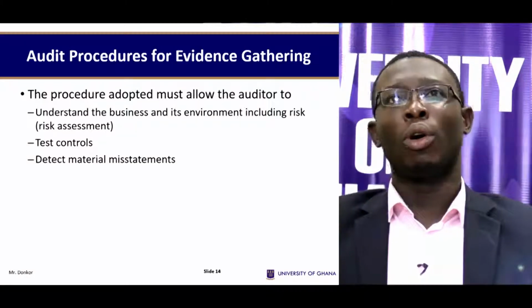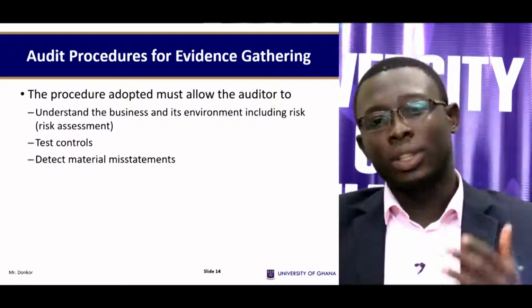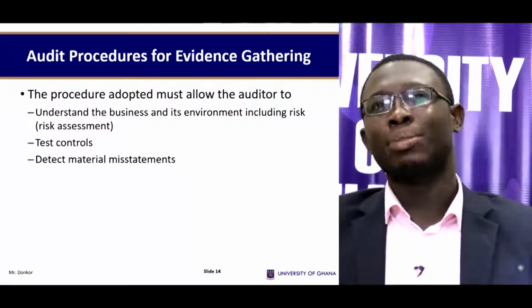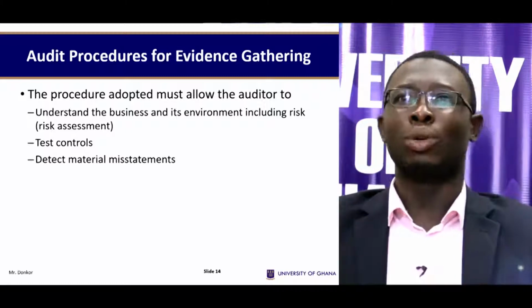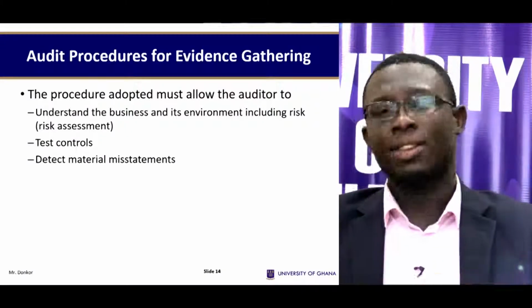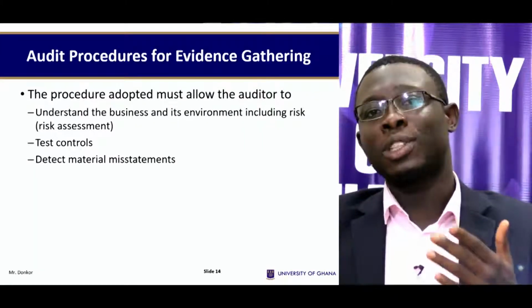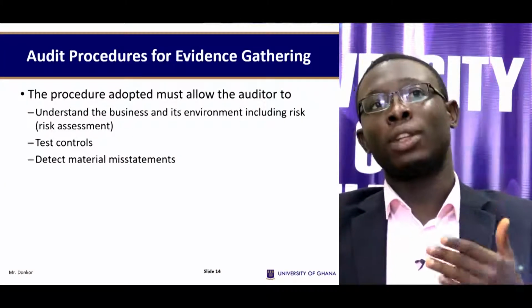Audit procedures for evidence gathering. The procedures adopted must allow the auditor to understand the business and its environment, including risk, to test controls and to detect material misstatement. That is, any procedure adopted by the auditor should help the auditor to do this.